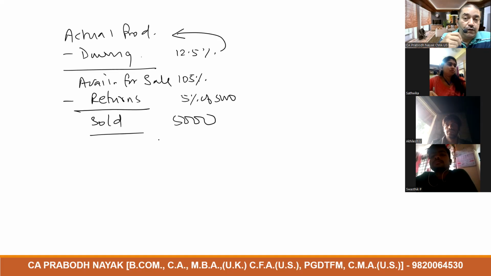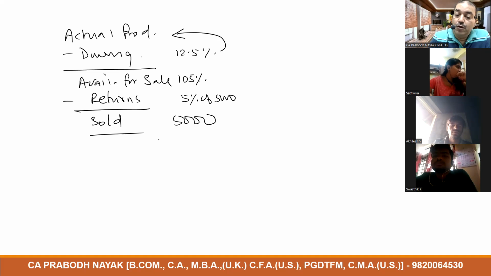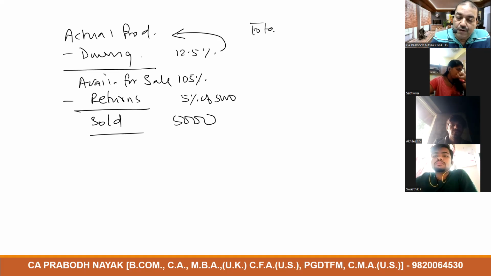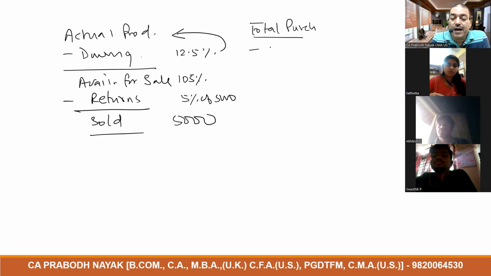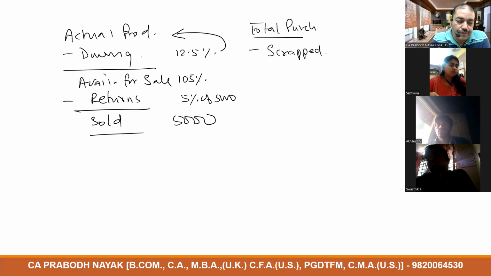Now, same thing for a material purchase. My total purchases I have made, and after making total purchases, some units are scrapped. This will go into my input for production.